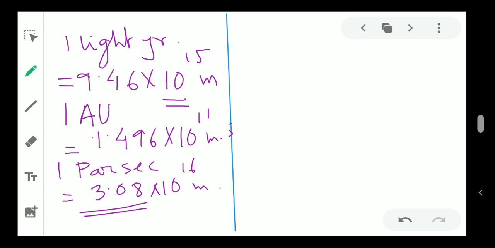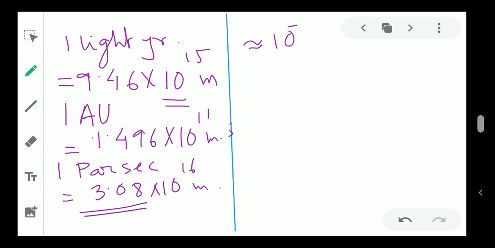Okay, so the next one is your smaller unit. Now we have talked about 10 to the power 15, 10 to the power 11, 10 to the power 16. Now let us talk about the smaller. So we know that for smaller, the order will be like millimeter.